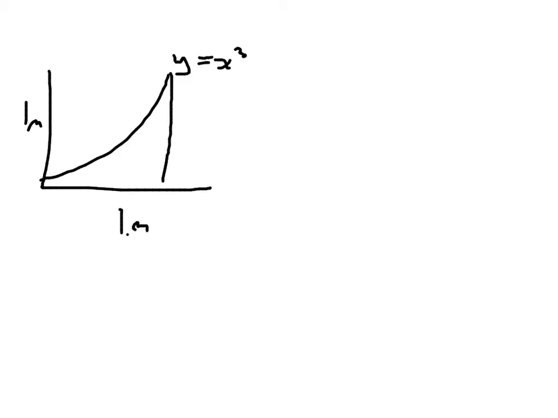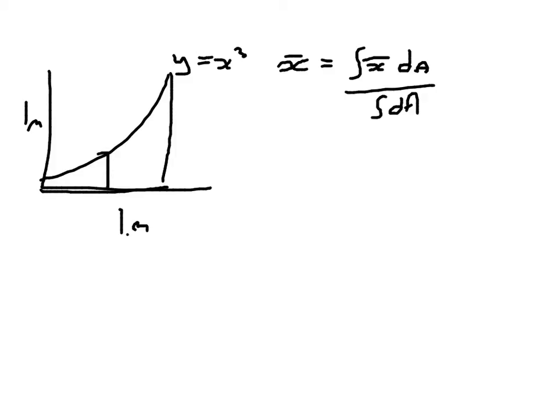We're going to find a series of different pieces of information. We know that the x bar coordinate is the integral of x tilde dA over the integral of dA. So if we're integrating across this length, we're breaking it down into very, very small strips.